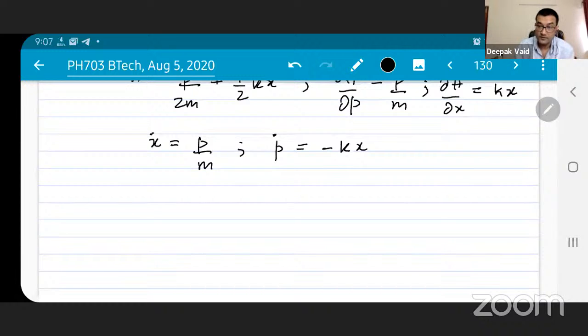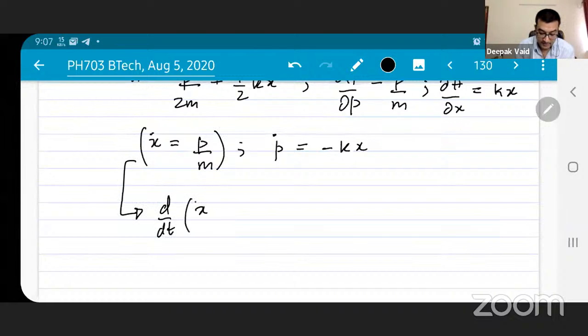Now I take a second time derivative of this equation. On the left, it gives me x double dot. On the right, it gives me p dot by m.